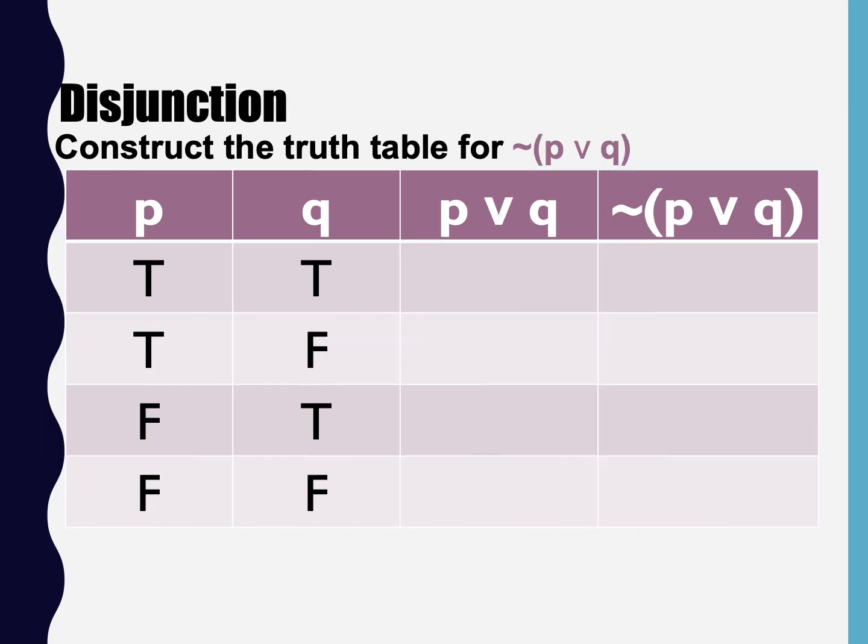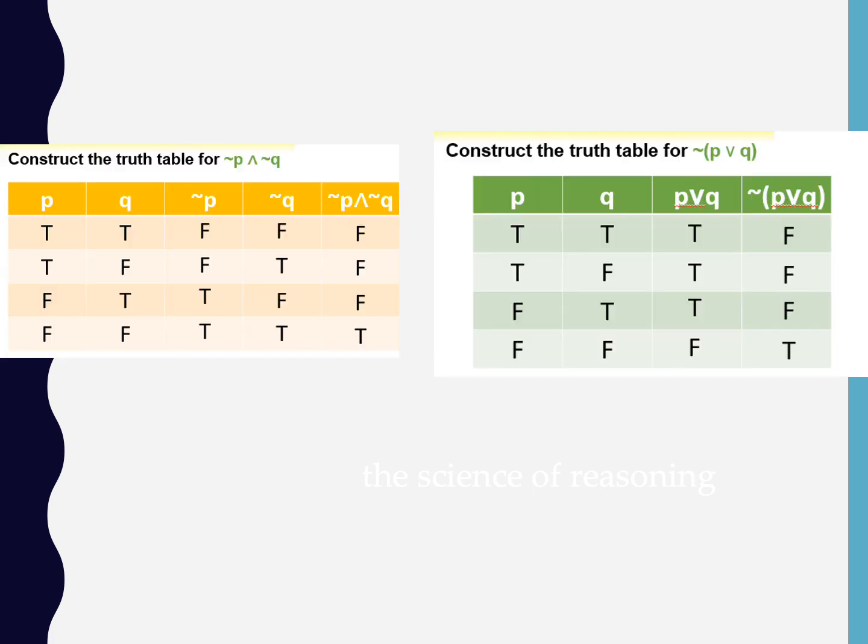Last example, construct the truth table for not disjunction of P or Q. So you have to set up first the disjunction of P or Q before solving its negation. Now, let us compare these two truth tables. Notice that the last columns for these two tables have the same values.